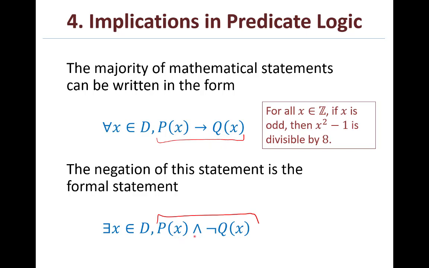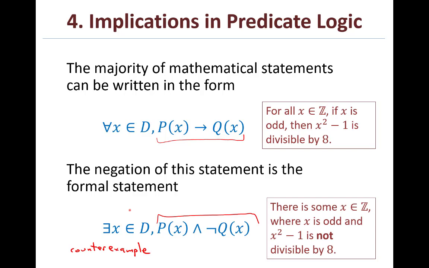P of x and not Q of x. This is the counterexample. A counterexample statement would say, there is some x, where x is odd, so the hypothesis is being satisfied, and x squared minus 1 is not divisible by 8, but the conclusion does not hold. So the hypothesis is true, and the conclusion is not true.